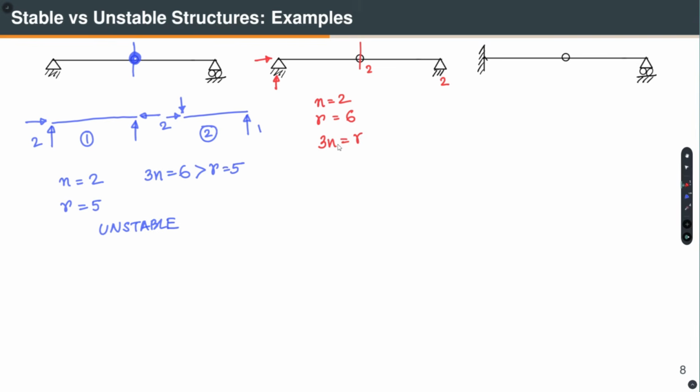Why? What will happen? If you draw the free body diagram, you will see that, let us say this is the left side and this is the right side, okay, right. Now, you apply any load, okay.